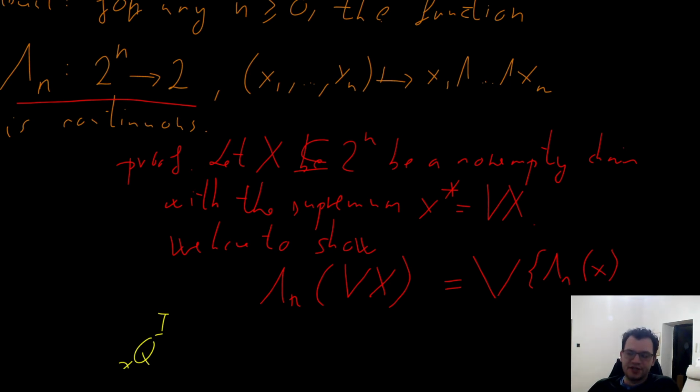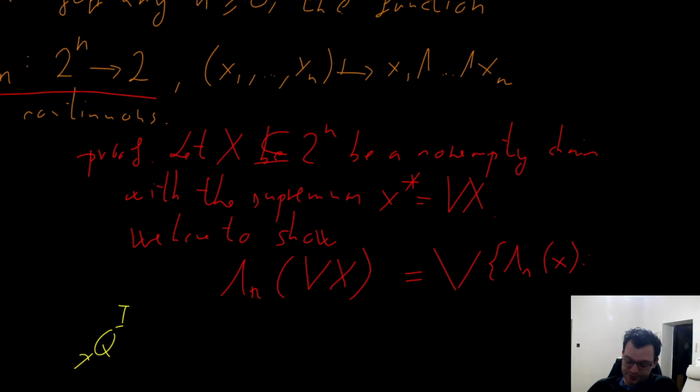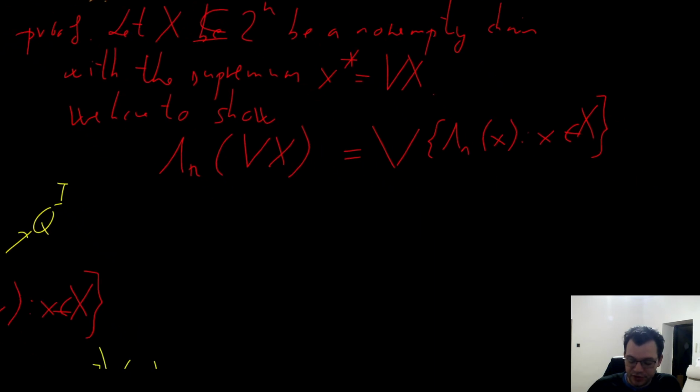Now here these x's are just assignments, actually n-vectors, so x in X. So in a single x there are now n Boolean values.